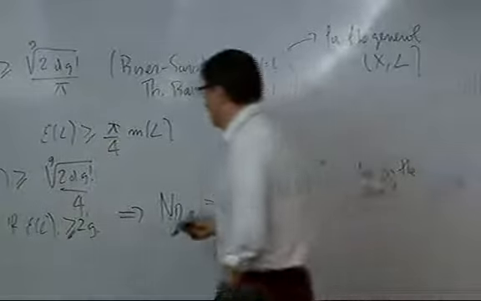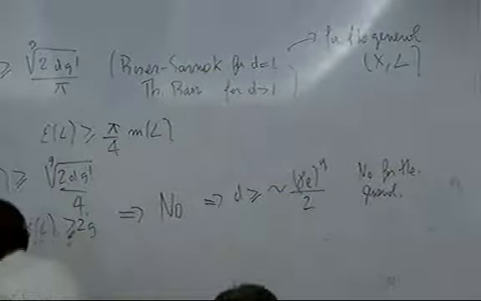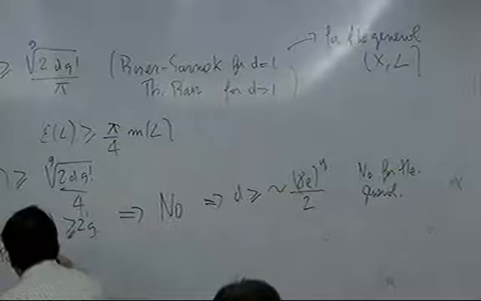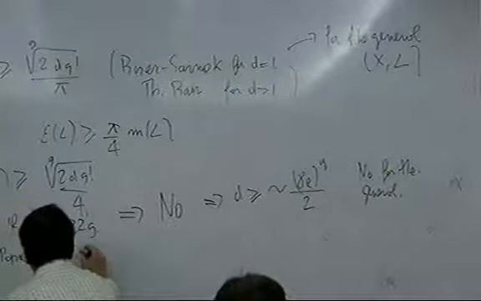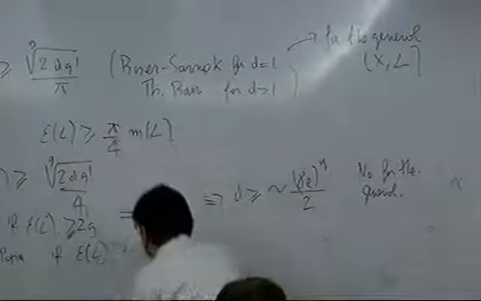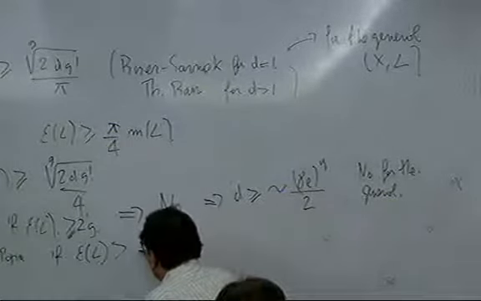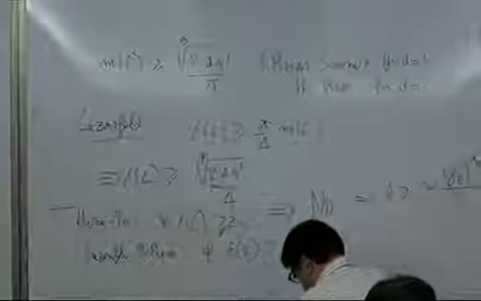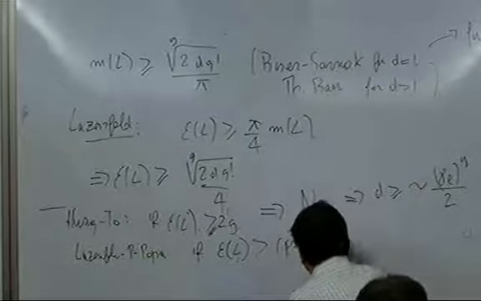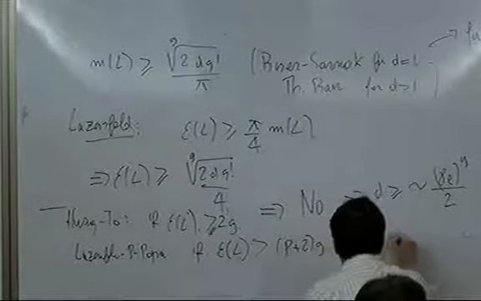And so the result with Lazarsfeld and Popa is a generalization of this with a slightly simpler proof. So if the Seshadri constant is bigger than p plus 2g, then you have N_p.